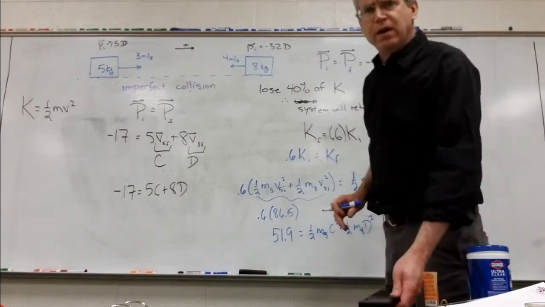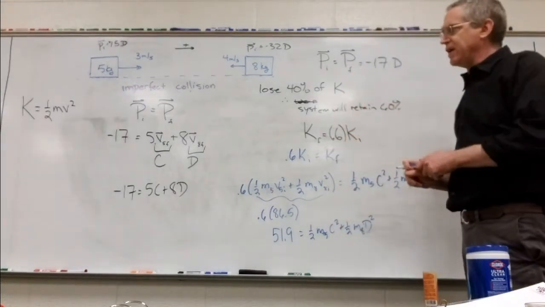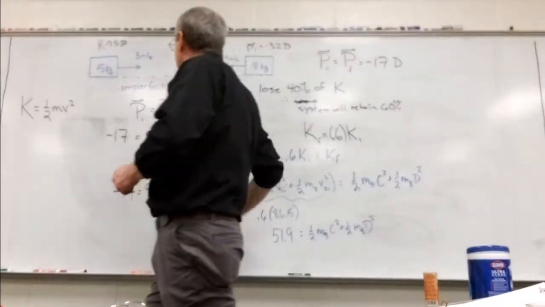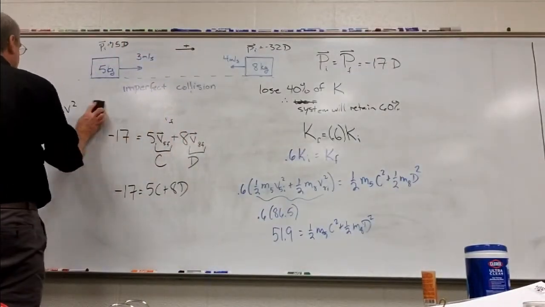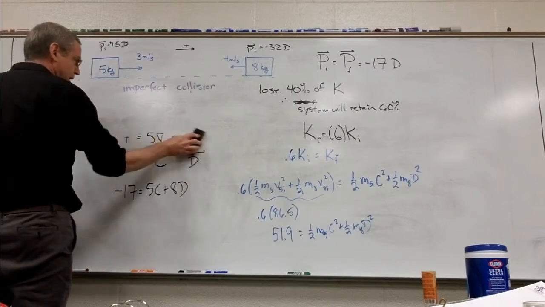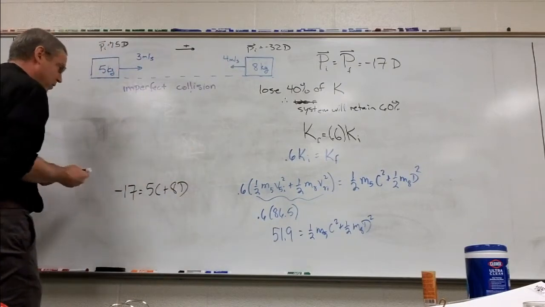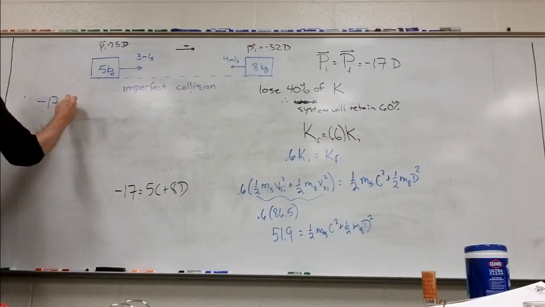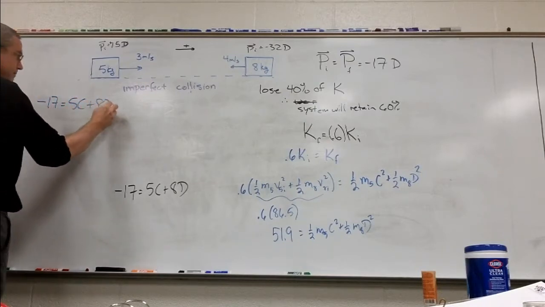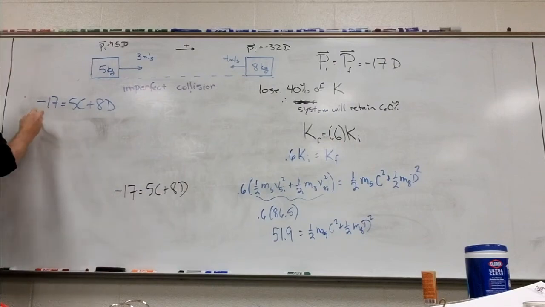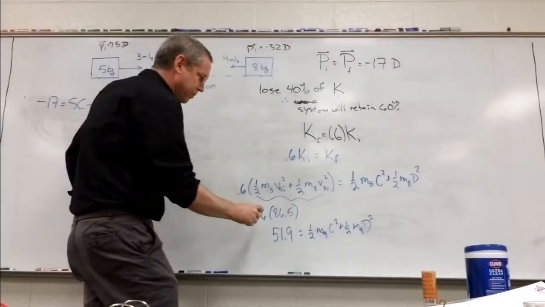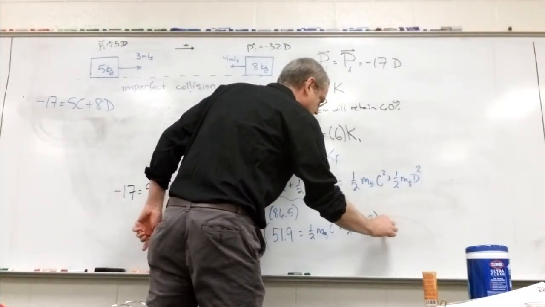Now I'm going to need some room here, so I'm going to erase some of this stuff. It's now a math problem. You know the formula for kinetic energy, I don't need that anymore. So I have one of my equations here, -17 is equal to 5c plus 8d. And the other equation, I'm going to multiply everything by 2 here, just to get rid of my 1/2. So times 2.